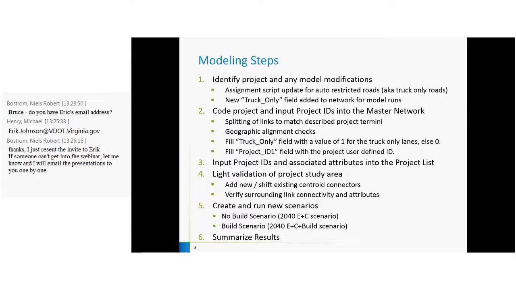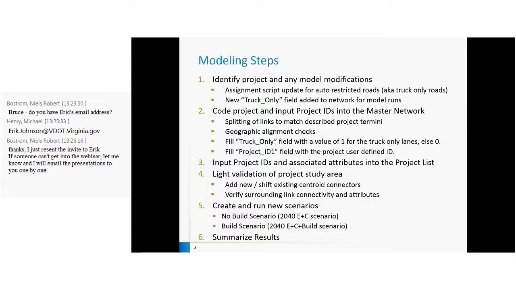And for this project, that's again the truck-only field, which is new, as well as the project_ID1 field. And that's the field that you will code in a user-defined project ID.